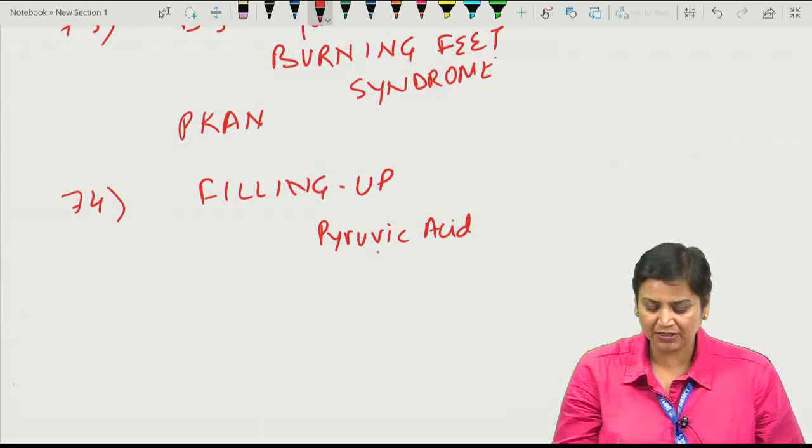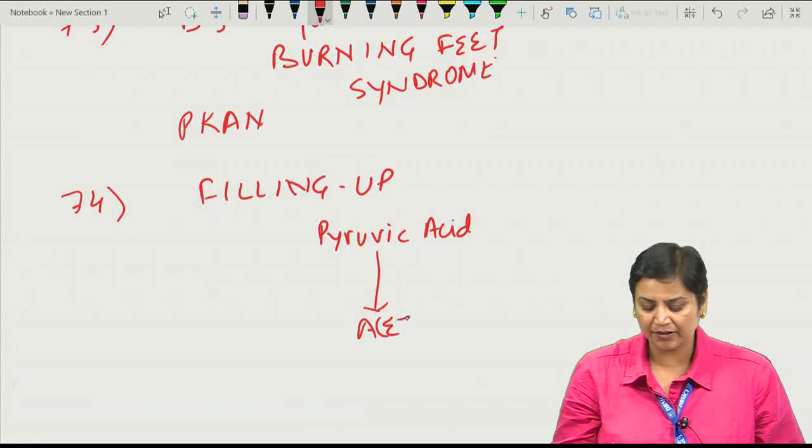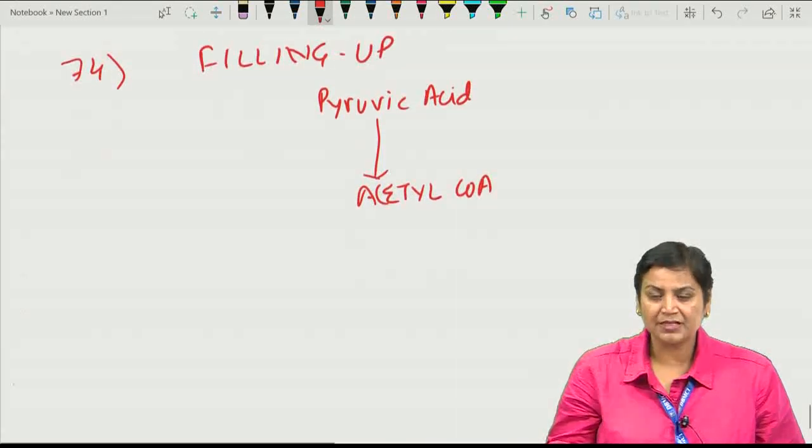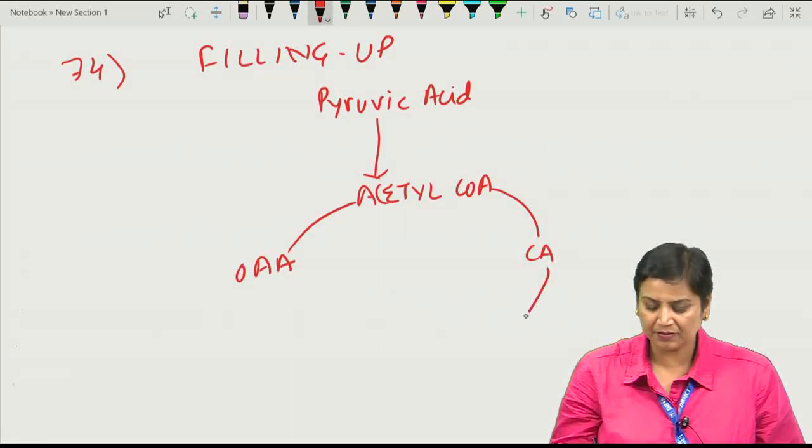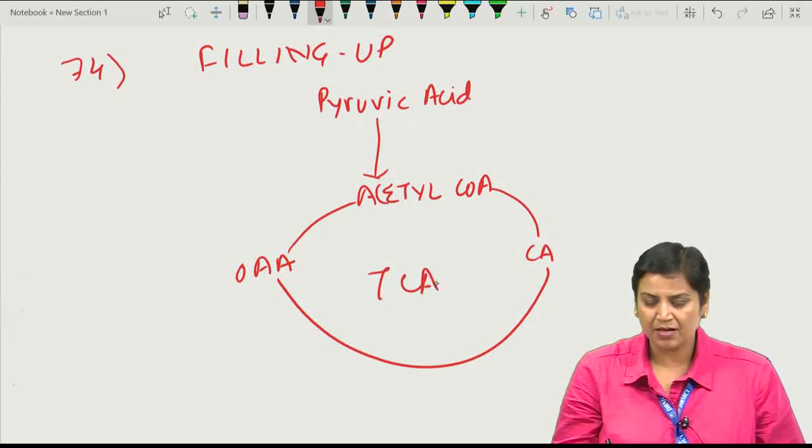In a normal individual, pyruvic acid is being converted into acetyl-CoA, and this acetyl coenzyme A combines with oxaloacetate to form citric acid, and the TCA cycle is undergoing.